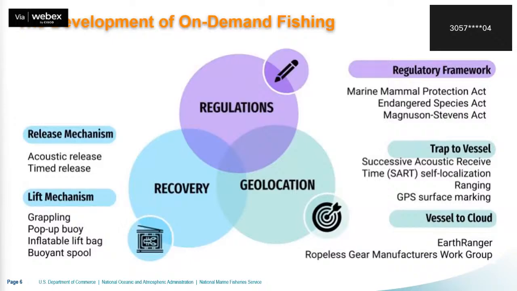Right now a surface buoy is required for fixed gear fisheries under their fishery management plans, and for ropeless testing, right now an exempted fishing permit or state equivalent is needed for those who wish to gain access to a marine mammal protection closure area, for example. So that's the current regulatory framework, and we need to envision how that might change over time once we move past the small-scale testing that's currently being done and progress towards something like a broader scale experimental fishery. Next slide, please.